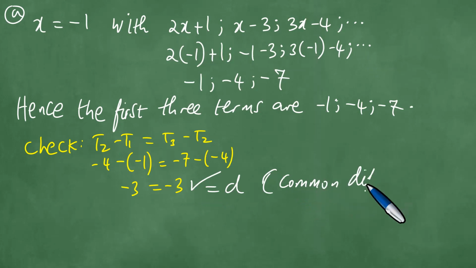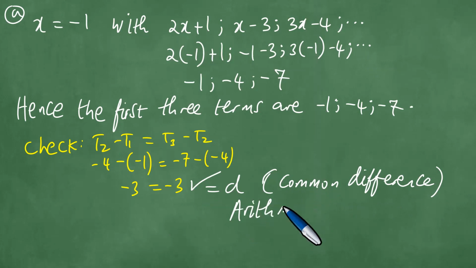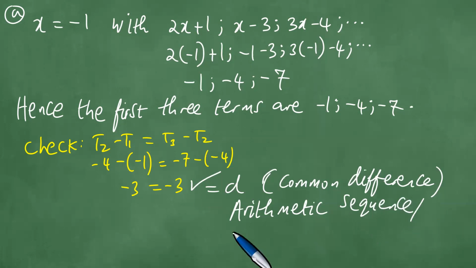Because it is the common difference, we have a common difference, and therefore it means that we are dealing with an arithmetic sequence. We're dealing with an AP.